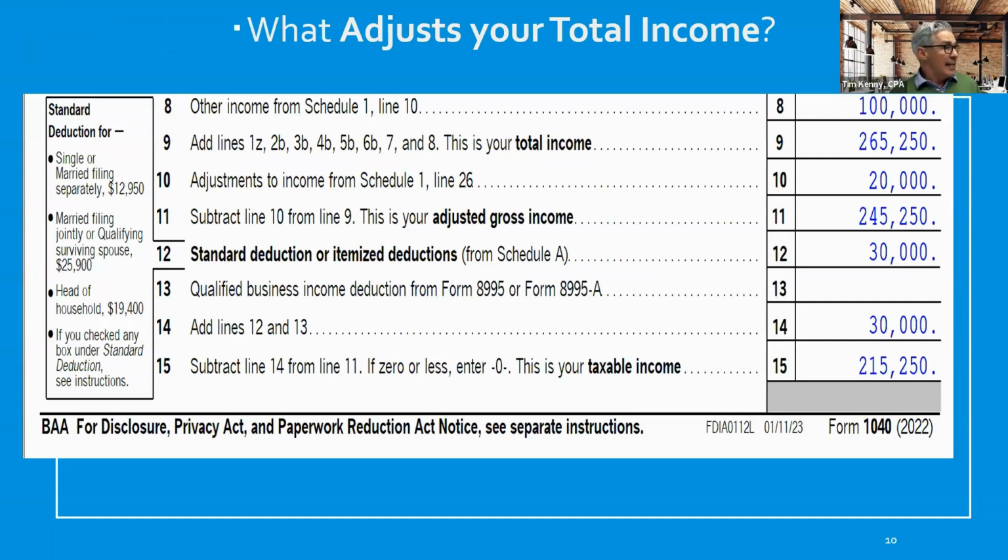Now, in this section, we're looking at adjustments to income, which is line 10. And these would be, in some cases, driven from a W-2.